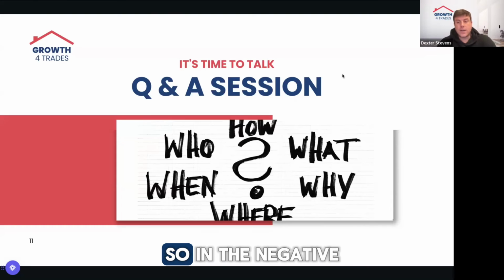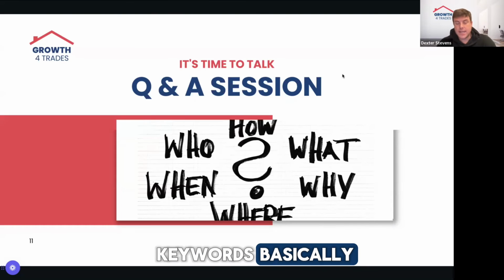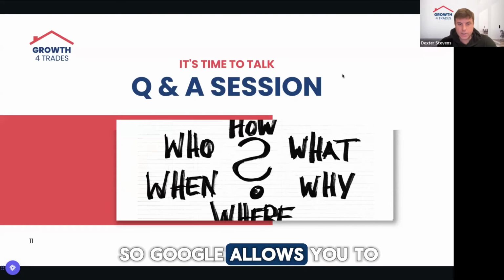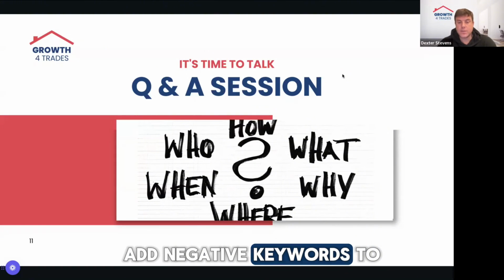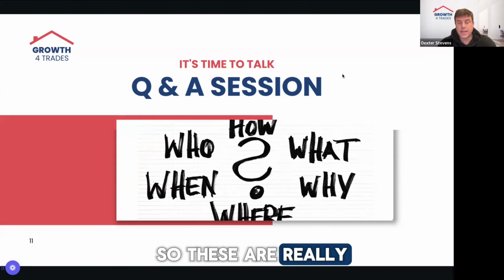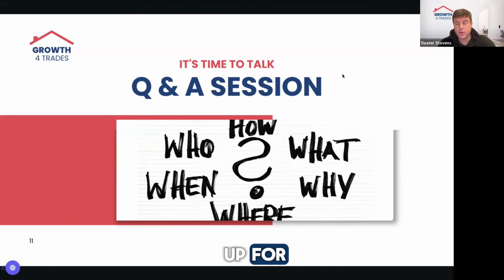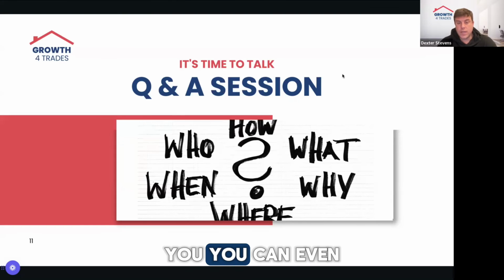Great question, Osman. So Google allows you to add negative keywords to your campaign. These are keywords that you don't want to be coming up for. An example would be location.